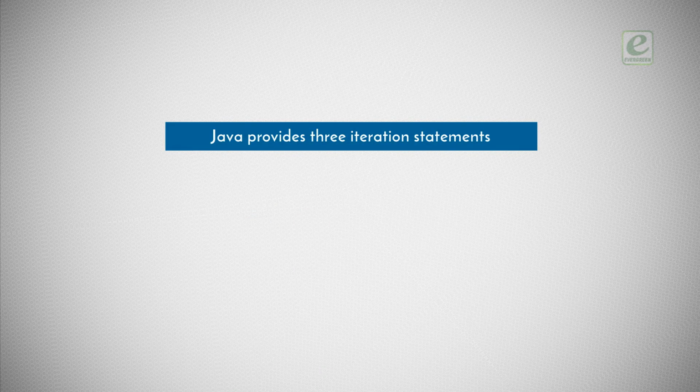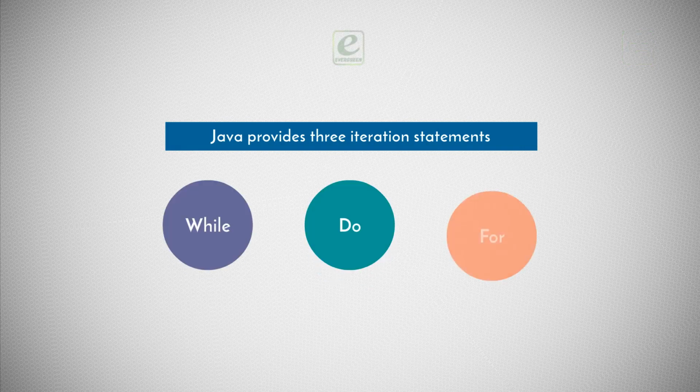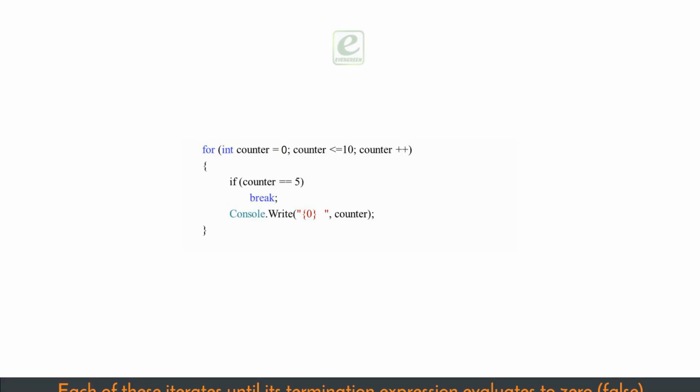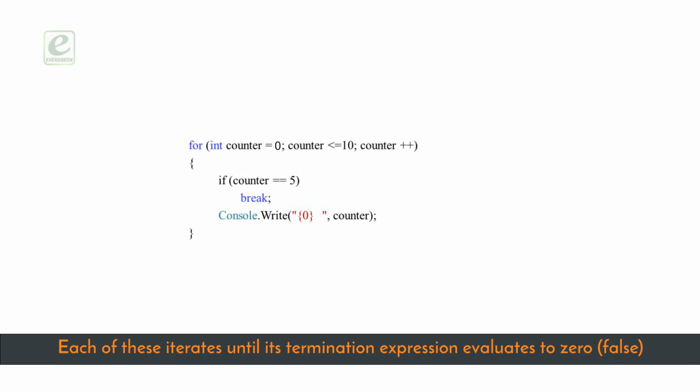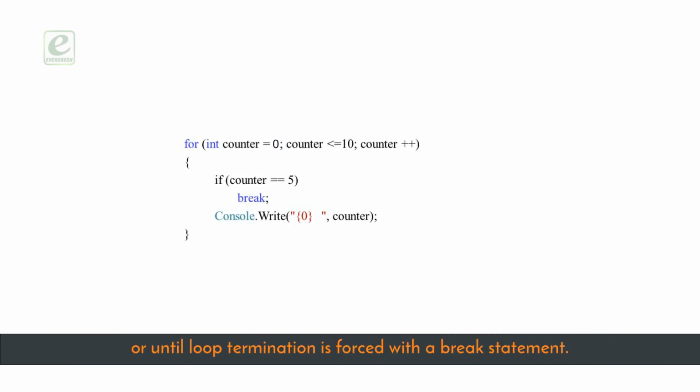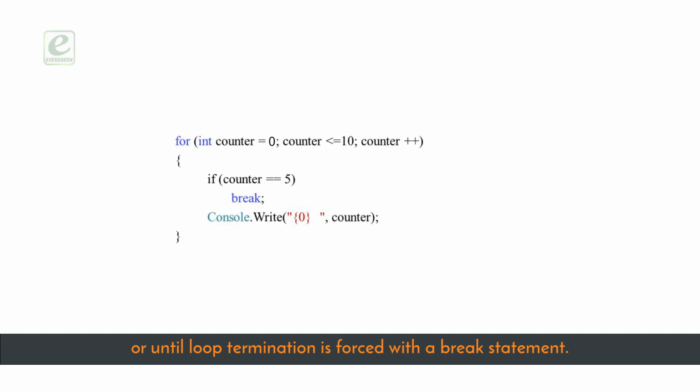Java provides 3 iteration statements: while, do, and for. Each of these iterates until its termination expression evaluates to 0, false, or until loop termination is forced with a break statement.